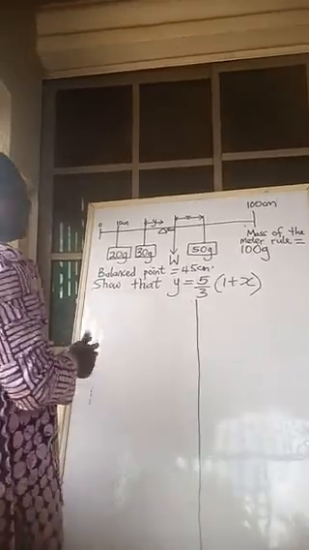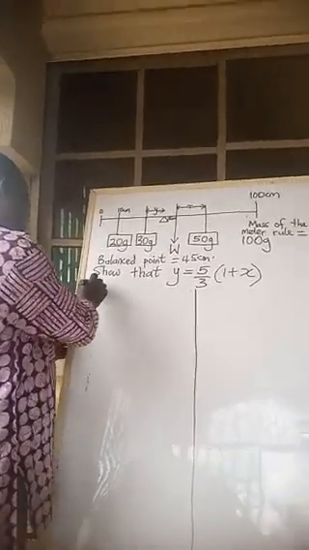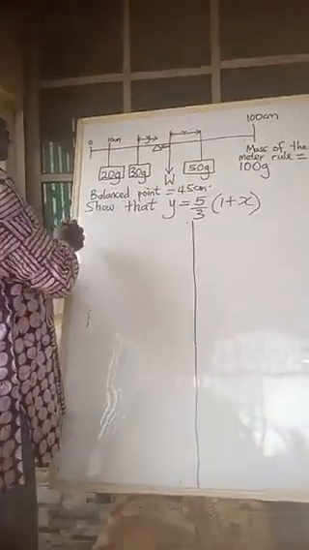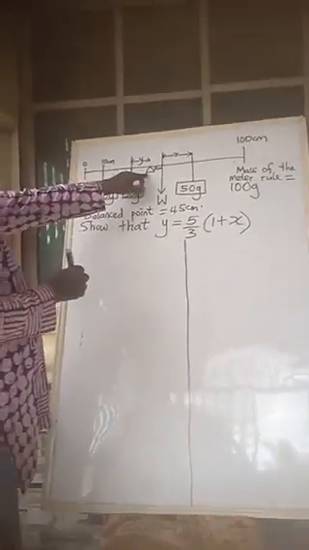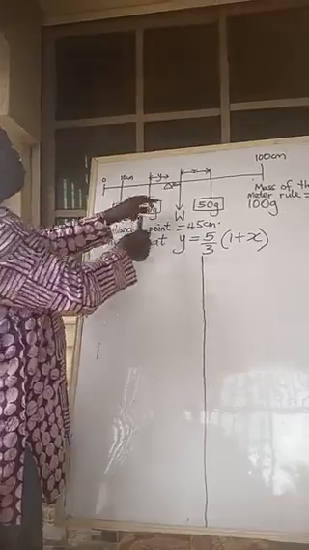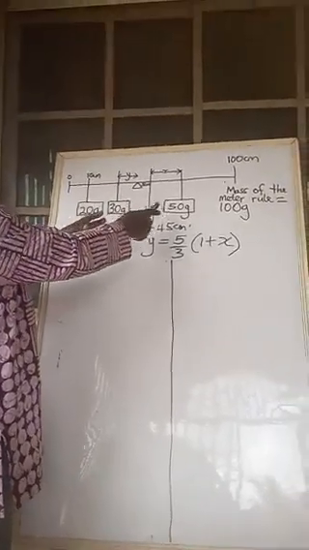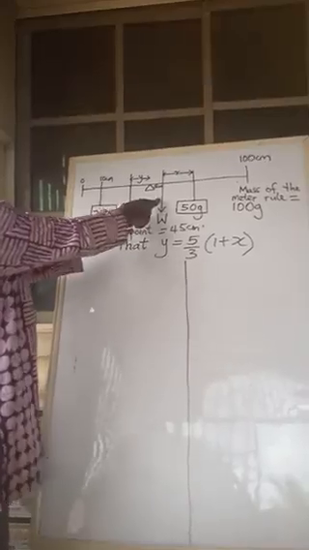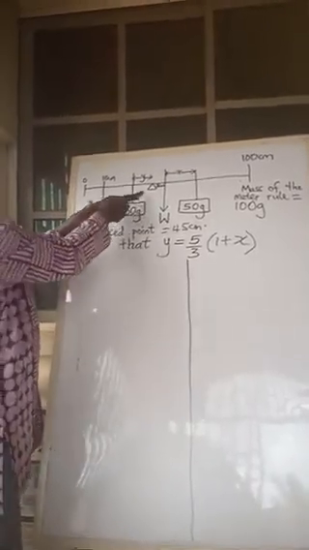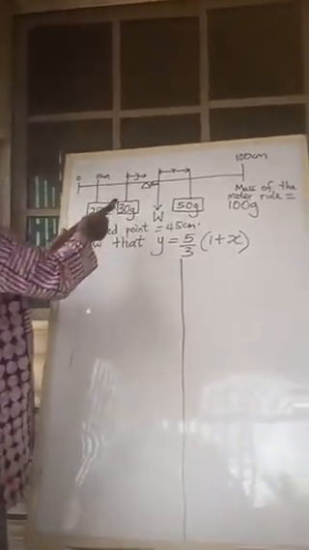So now let's get it started. We want to find the sum of all the clockwise moments. If we take moment about this pivot, that means we want all other forces to turn towards this pivot. This weight will turn towards this pivot in a clockwise direction.